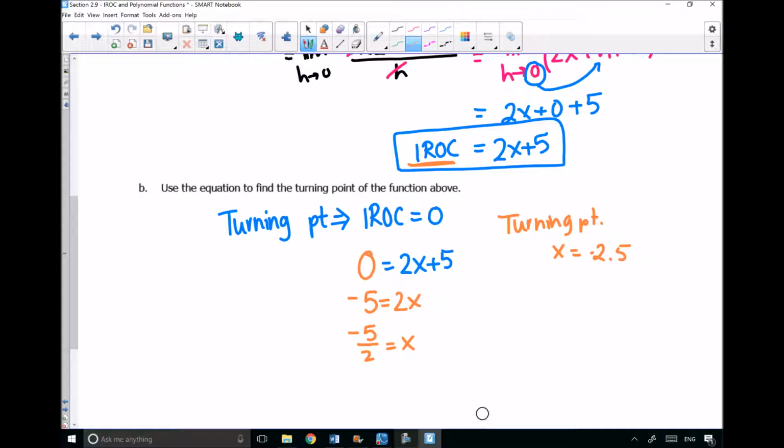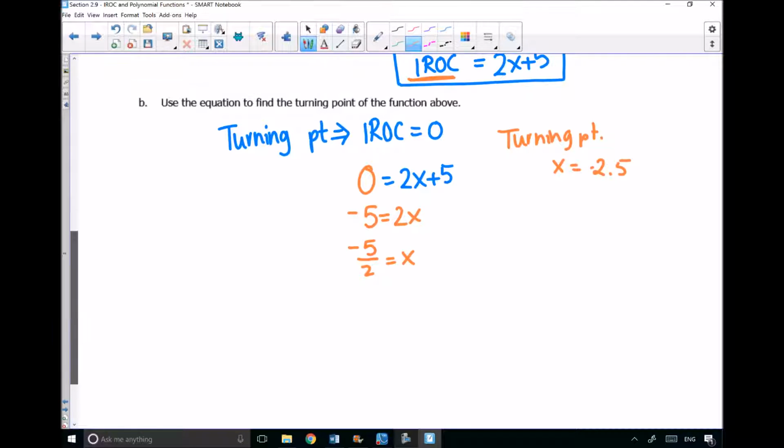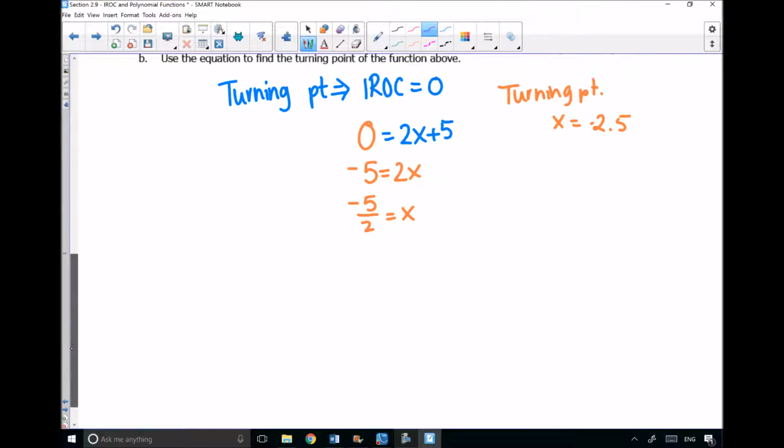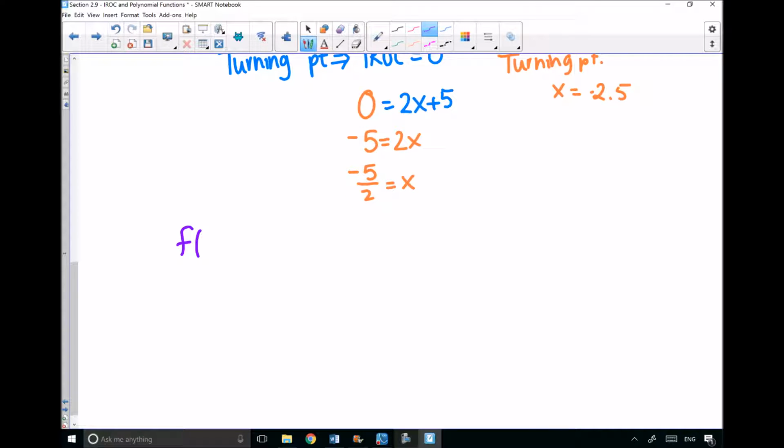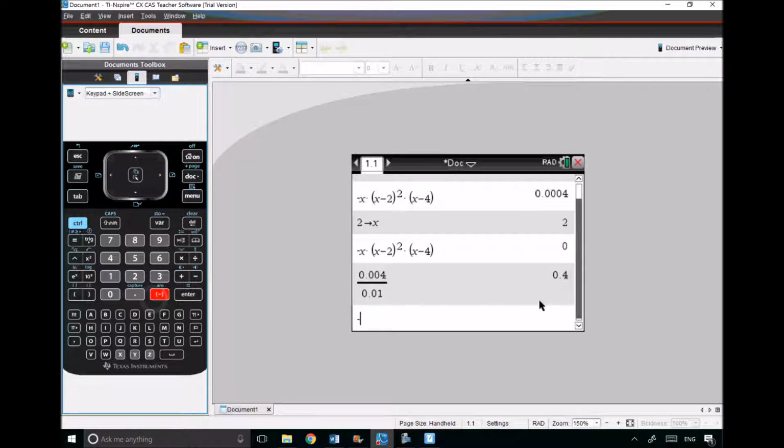But the question is, what is my y value? Well, how do I find that? All I have to do is find f of negative 2.5. So let's go ahead and do that. So right here, I'm going to take negative 2.5 and store it in as x. Or I could just plug in my information, whatever you want.